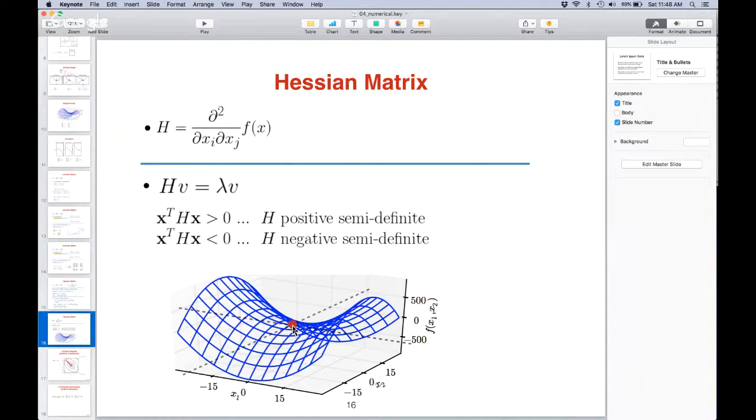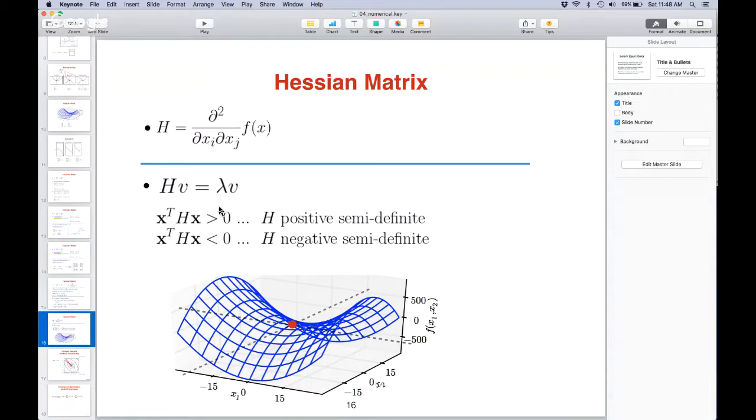And in the vicinity of this critical point, H is going to come out to be a negative semi-definite matrix, which we don't really like, because it looks like a critical point, looks like a solution to your optimization algorithm, but actually it's just a saddle point. So for this x0 point right here, I point out with the red dot, x transpose H x will come out 0.